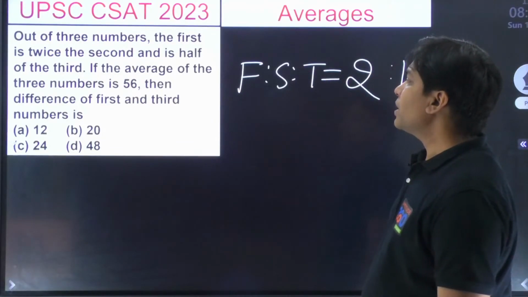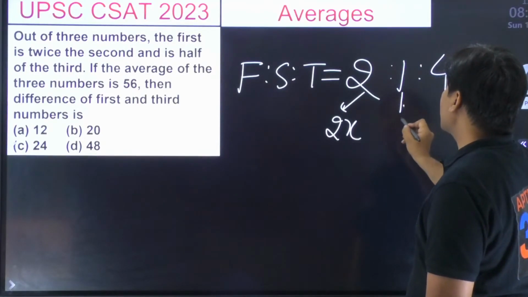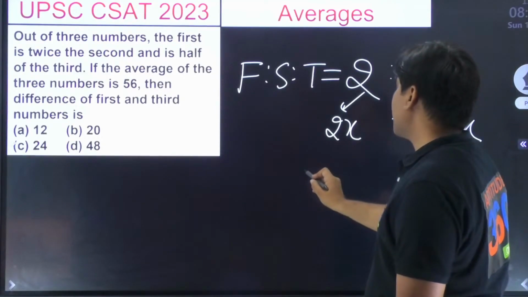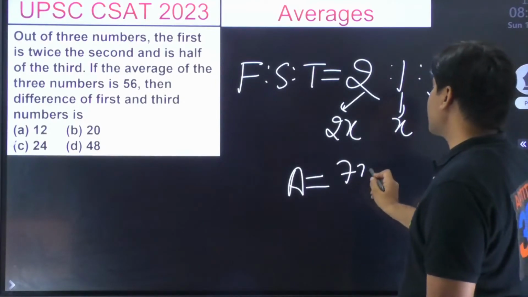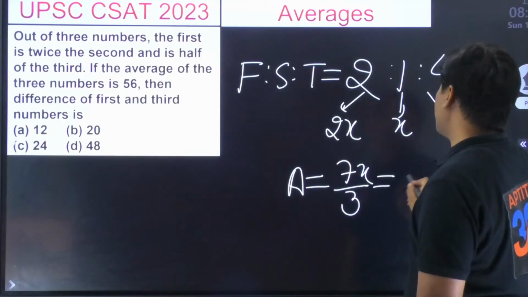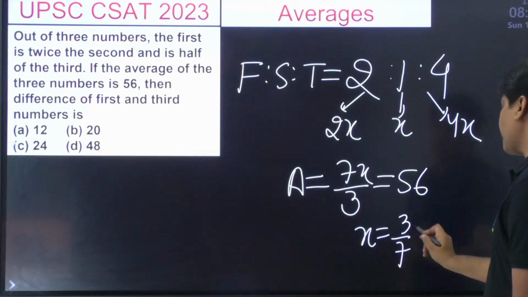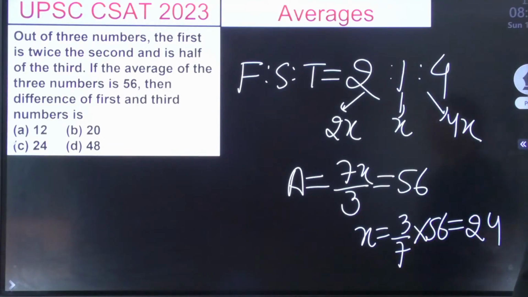If the average of the three numbers is 56, so you can take this number as 2x, this number as x, and this number as 4x. How do you find out the average? Average is sum, which is what? 7x divided by 3, which is given to you 56. So what is the value of x? 24.